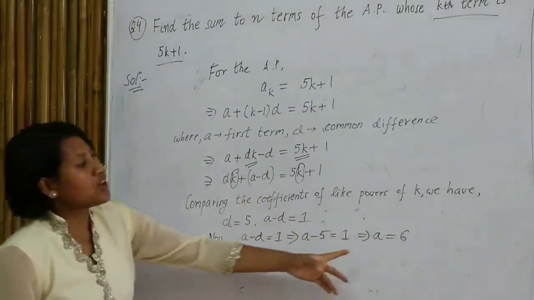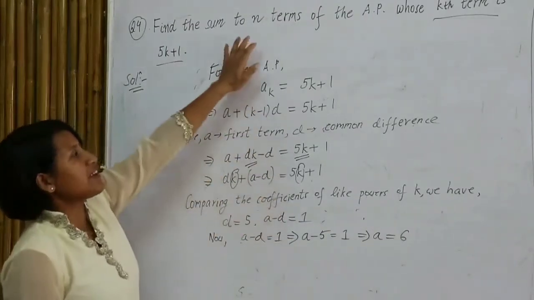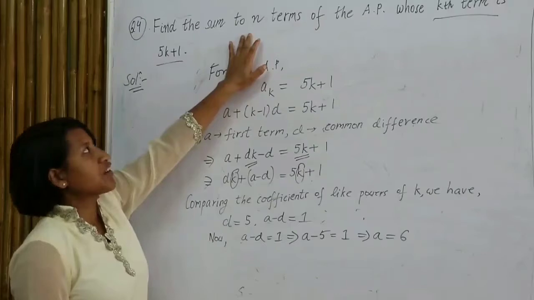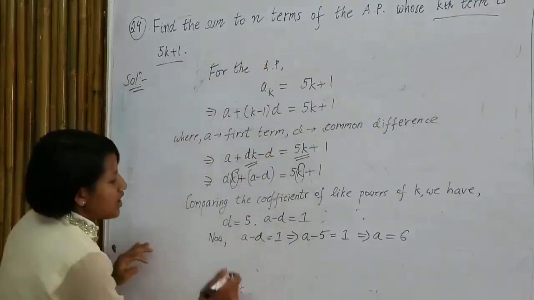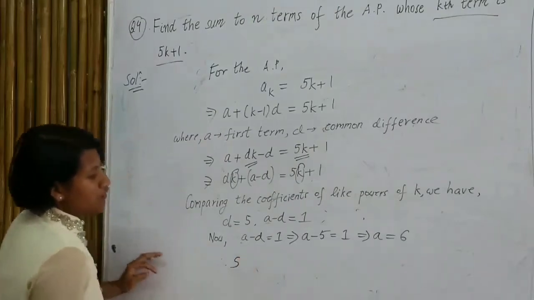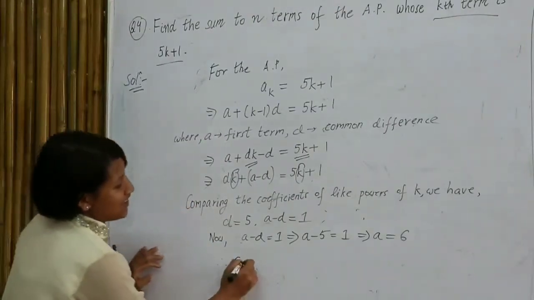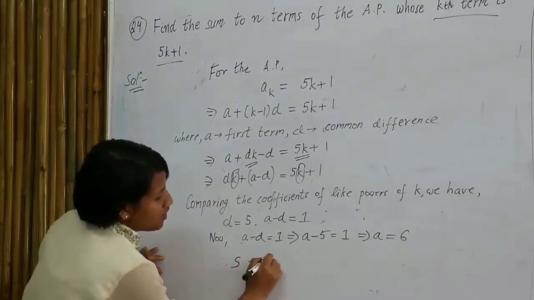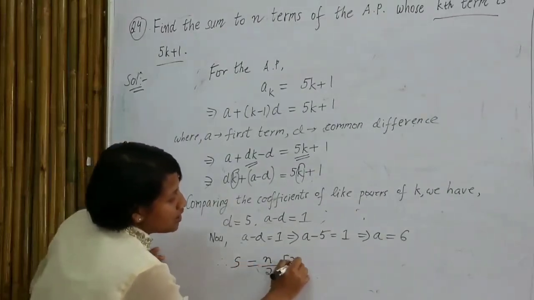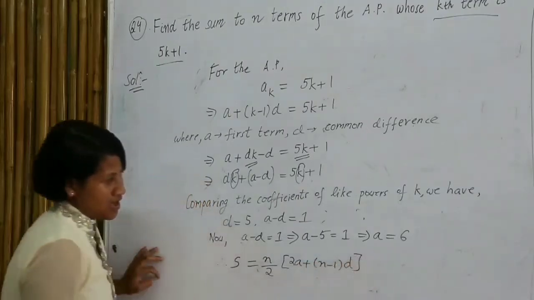So from here we got a to be 6 and d to be 5, and this n here is given, a specific n. They have asked you to find the sum to n terms of the AP. So substitute in the formula n by 2 times 2a plus n minus 1 d.